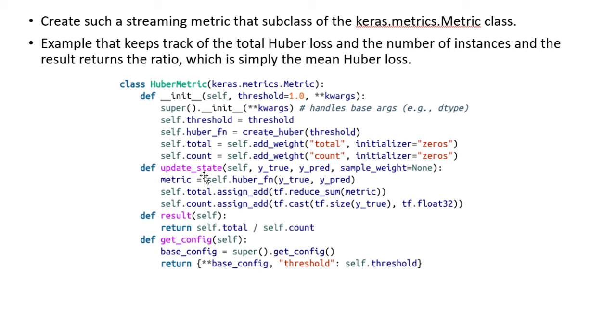Then the update state method, where we calculate the values of the variables and the metric. Then the result, which gives you the total, which is nothing but the total Uber loss, and the count, that is the total number of instances of y true. And the last method is getConfig. This getConfig method returns the configuration of the variables that you have defined.